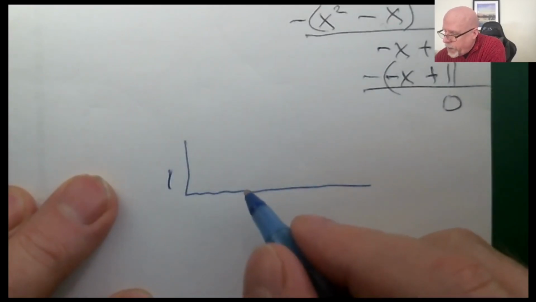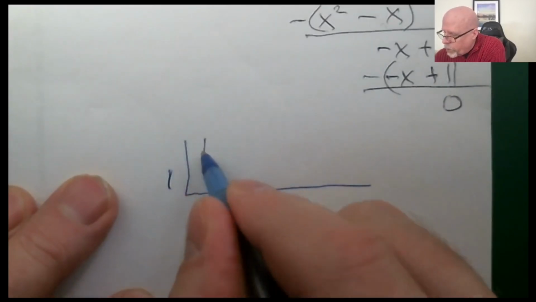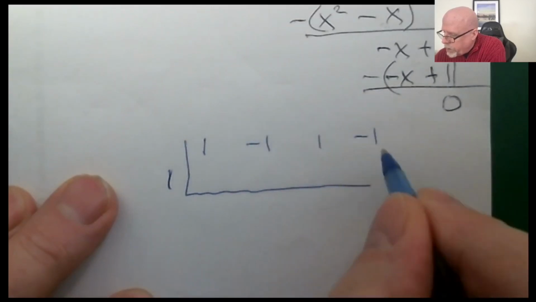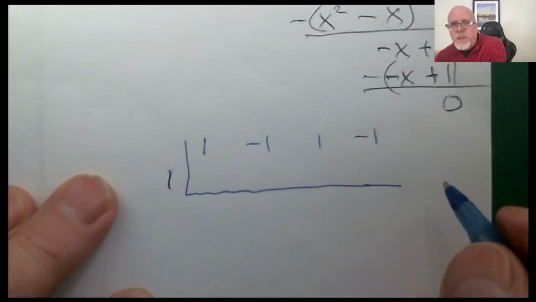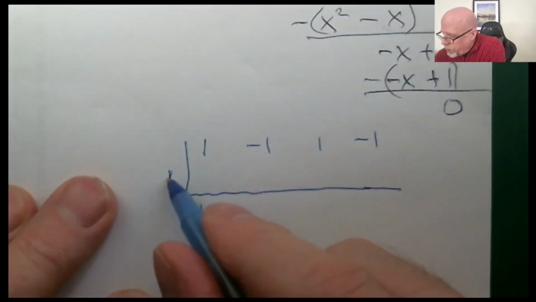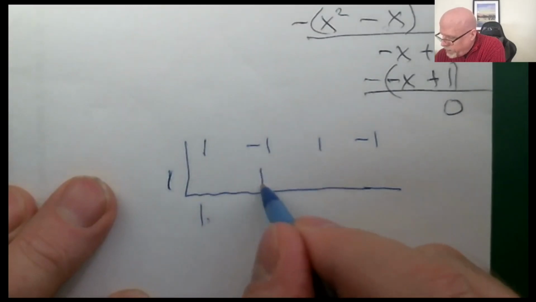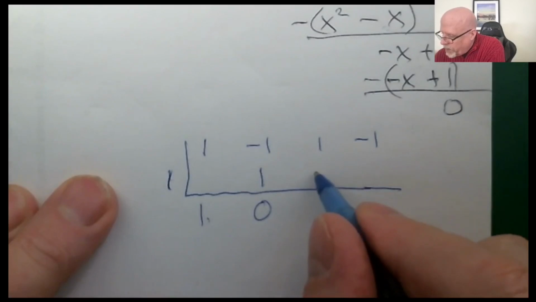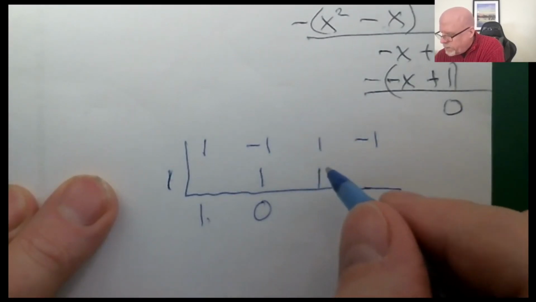The thing we're dividing has coefficients 1, minus 1, 1, minus 1. That's cute. I didn't notice that it just alternated like that before. All right, we bring down the 1. Then we multiply 1 times 1 and get 1. Then we add and we get 0. Then we multiply and we get 1. Then we add. Wait.